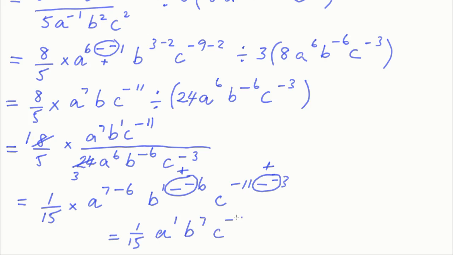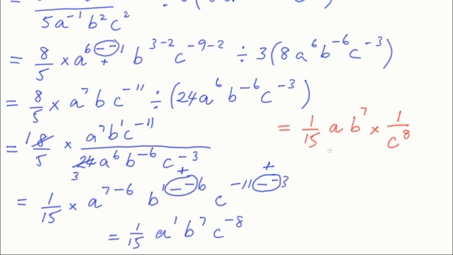And if we want to express it with positive indices, and I'll just change colour to make it a little bit easier for you, it is 1 on 15, a, b to the 7, and remember any letter or number to a negative power is just 1 over that same letter or number to the positive power.